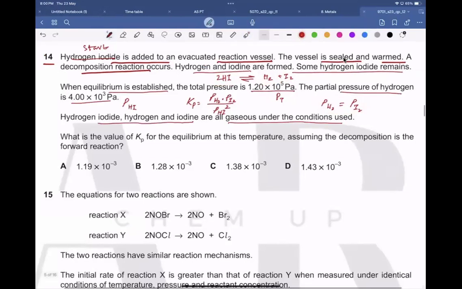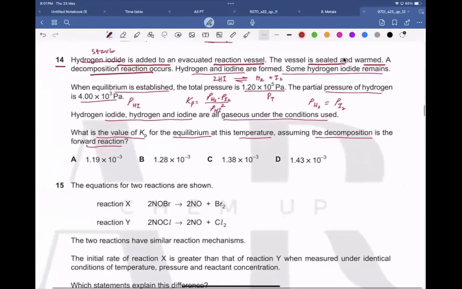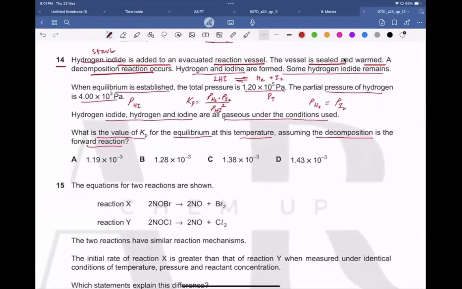Now, what is the value of Kp for the equilibrium at this temperature, assuming the decomposition is a forward reaction? Okay. So, if you recall, let me do the working over here. Partial pressure of hydrogen iodide must be equal to the mole fraction of hydrogen iodide times the total pressure.